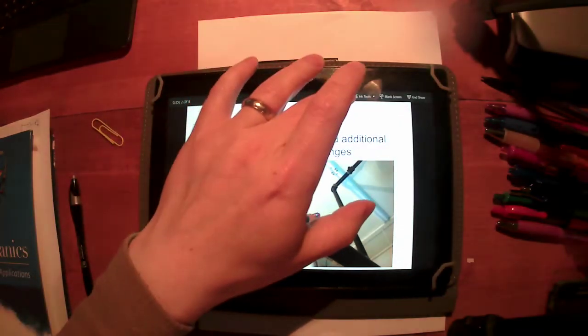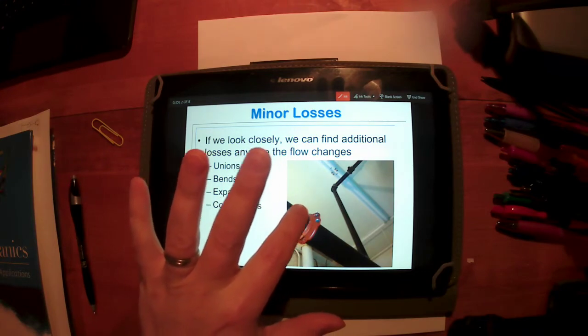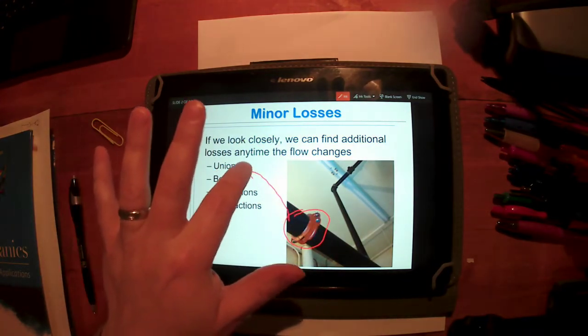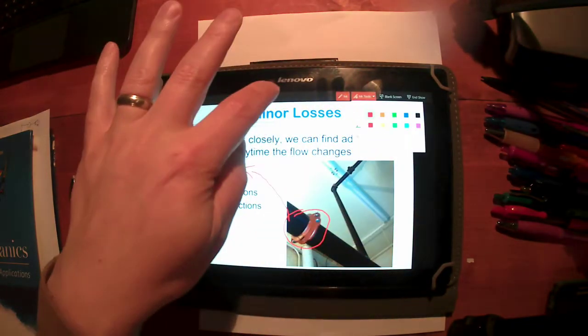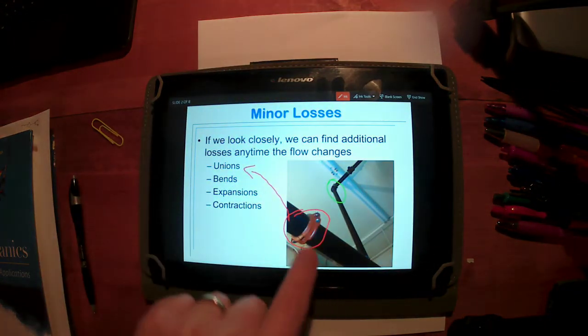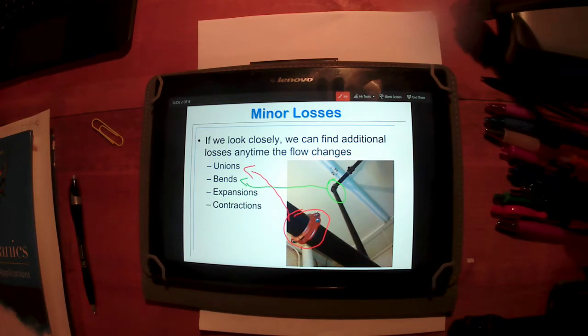let's see here, so we can draw, this is a large union. And this is a large union joining two pipes together. I've got up here a bend, right?